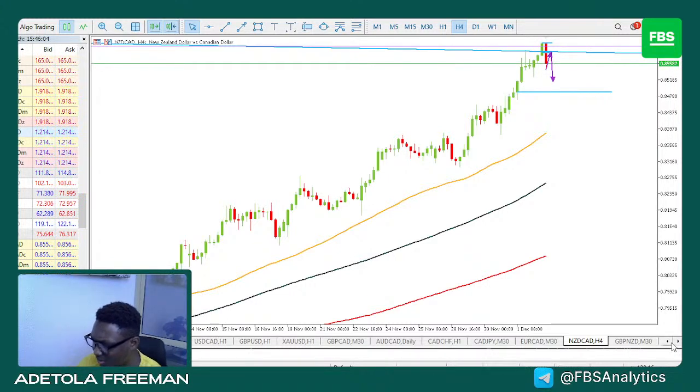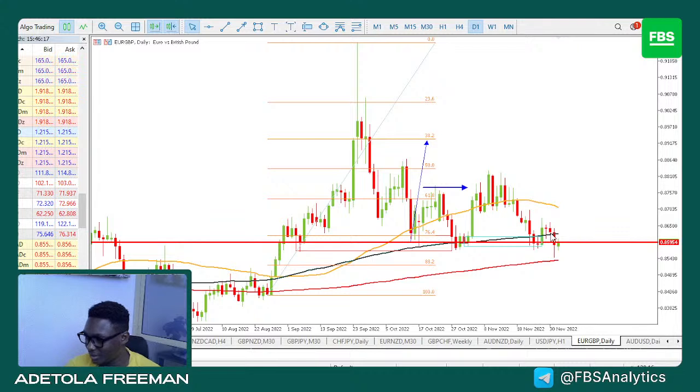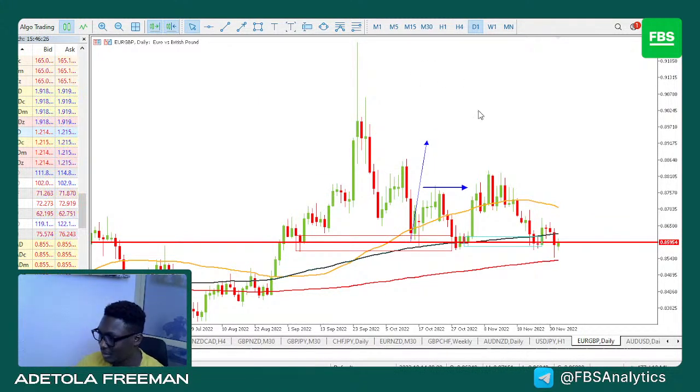EURGBP. All right, let's take a look at EURGBP. So this is EURGBP, and I think my bias on EURGBP would be largely bullish. Let me clear off all the objects.